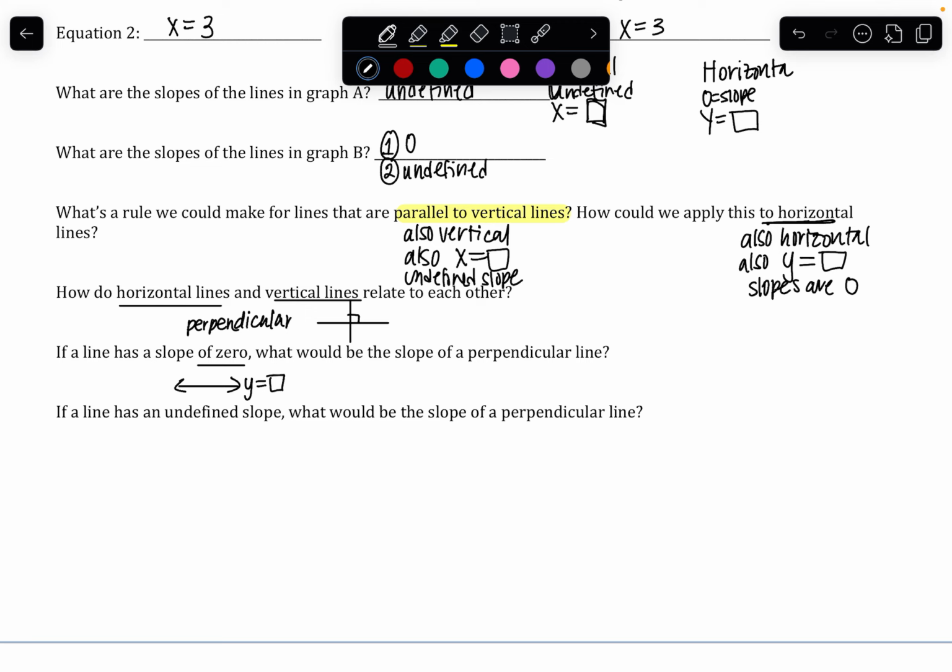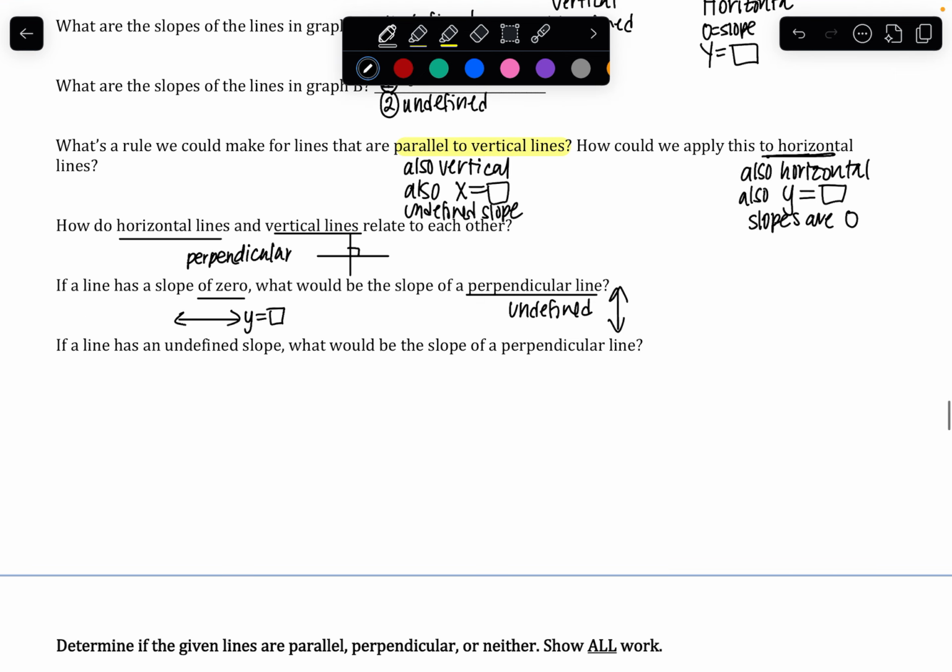What would the slope of a perpendicular line be? It would be undefined. It would be vertical. If we have an undefined slope, what would the slope of a perpendicular line be? It would be 0. It would be flat, 0.